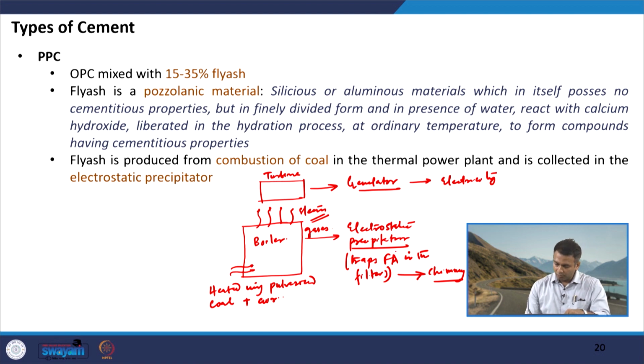Now, this fly ash that is trapped inside the electrostatic precipitator is the typical fly ash that we use in the construction process.